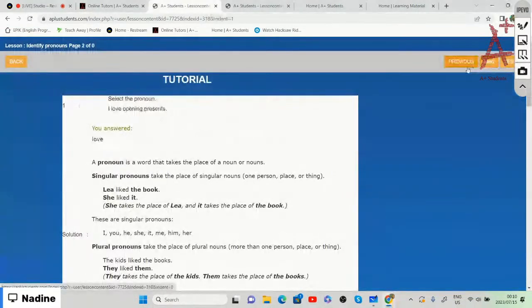All right, let's go to the next one. I love opening presents. We need to choose the correct pronoun within that sentence.